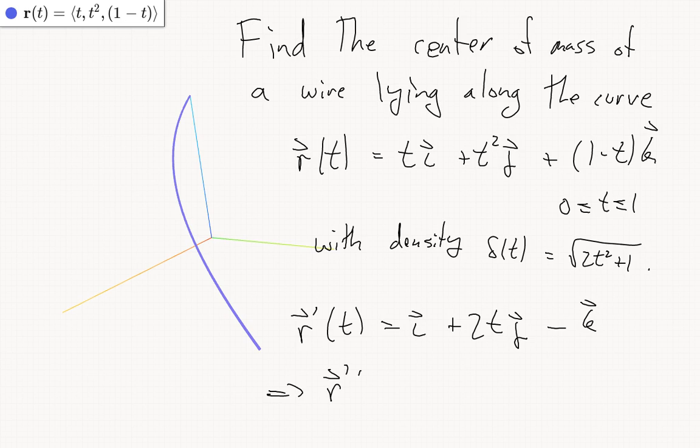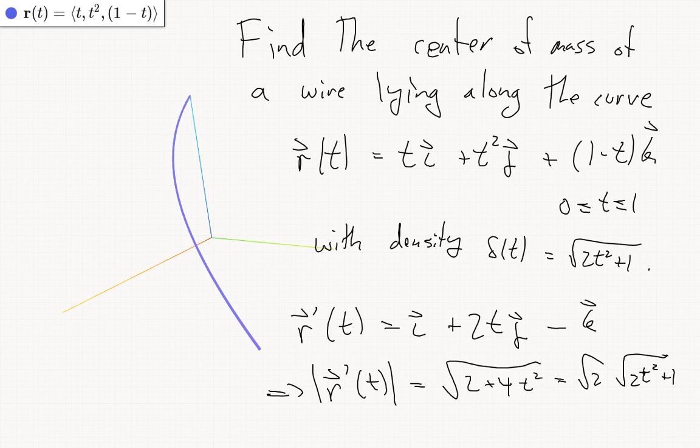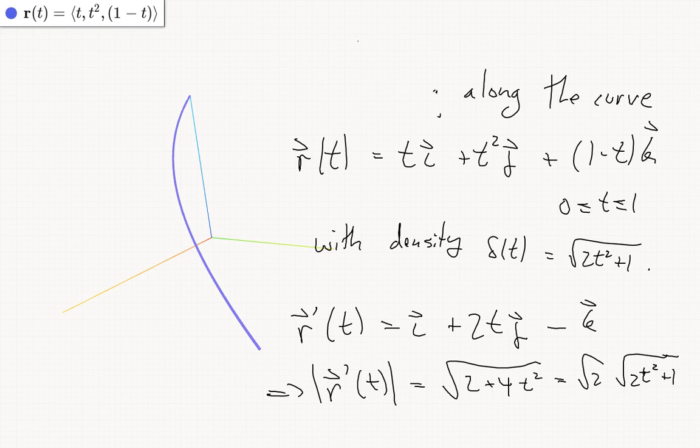And so the magnitude of the velocity vector will be, that's 1 plus, so it'll be 2 plus 4t squared. And it'll be useful to pull this out as root 2 times root 2t squared plus 1. So I chose the density function very carefully.